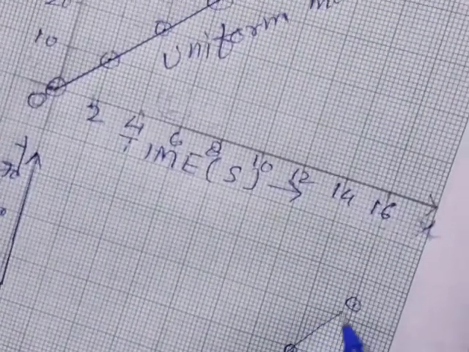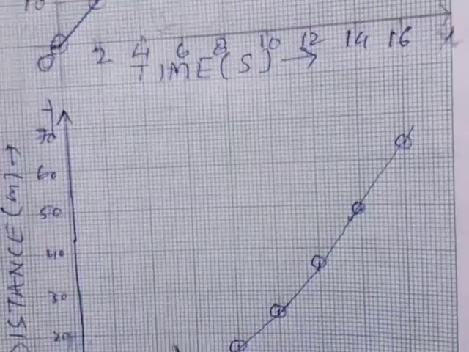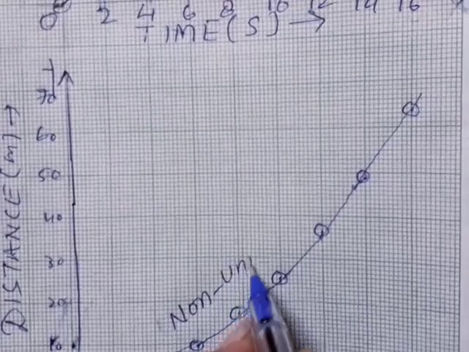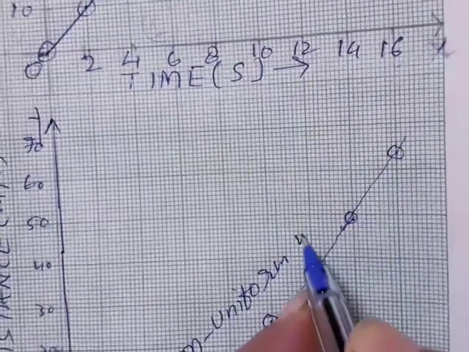So dear student, you see that it is a curved line. The shape of the graph is a curved line. This indicates non-uniform motion.